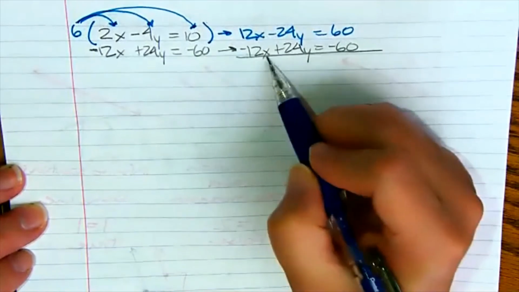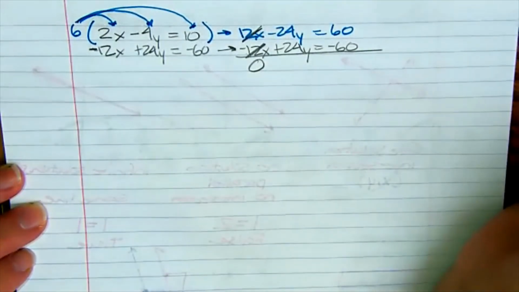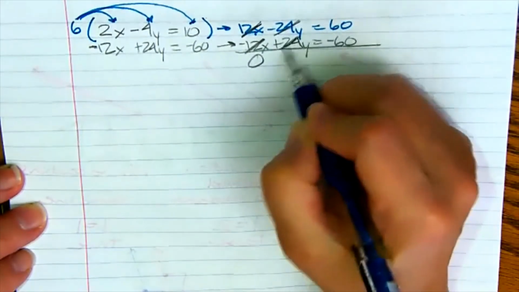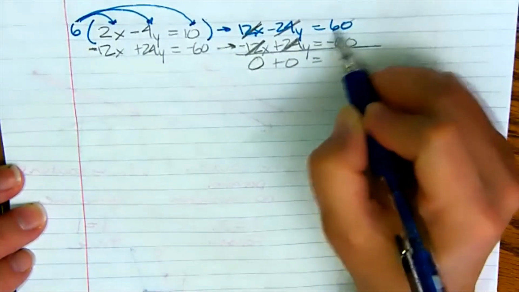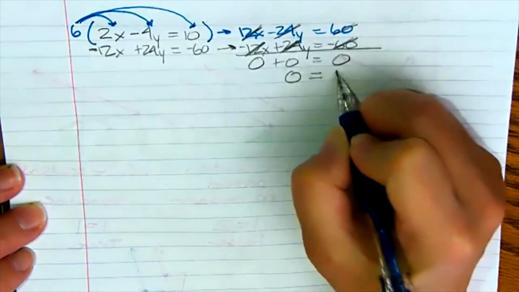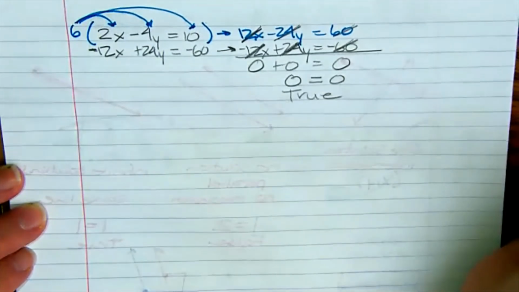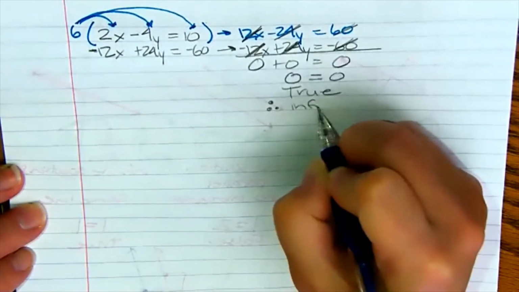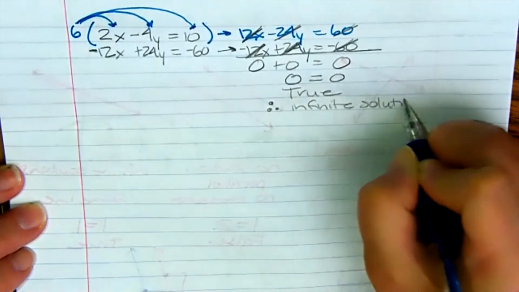Okay, 12x minus 12x, okay, these guys cancel, that's 0. -24y plus 24y, well, those guys cancel, that's also 0. And 60 minus 60, those guys cancel, that's 0. 0 equals 0. That most definitely is a true statement. Therefore, we have infinite solutions.